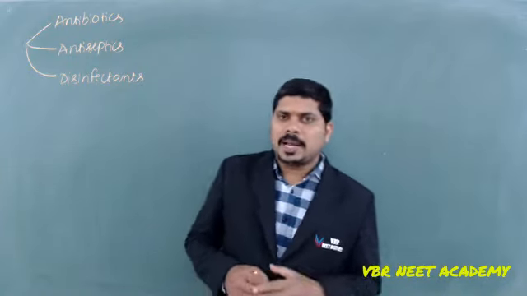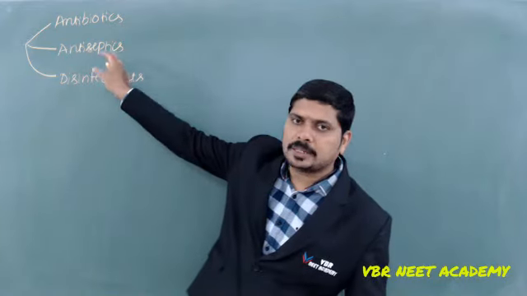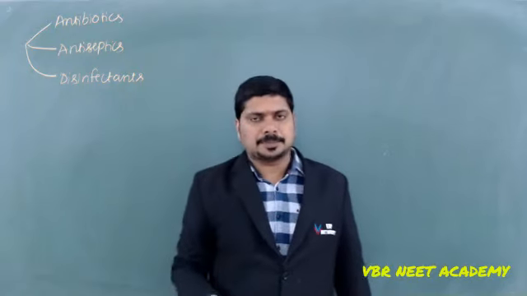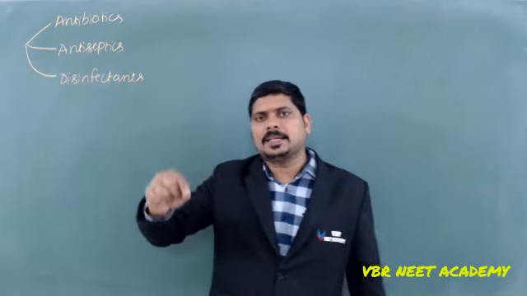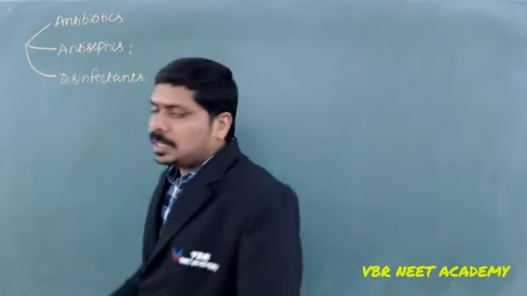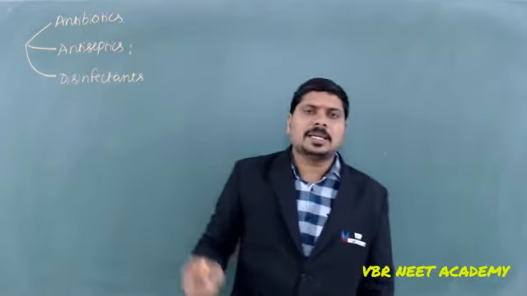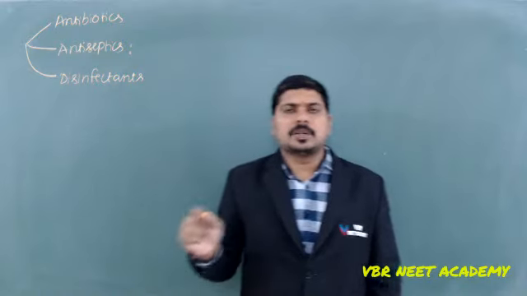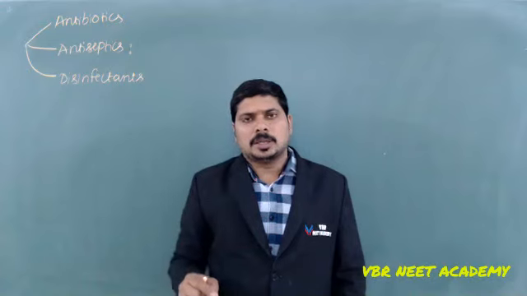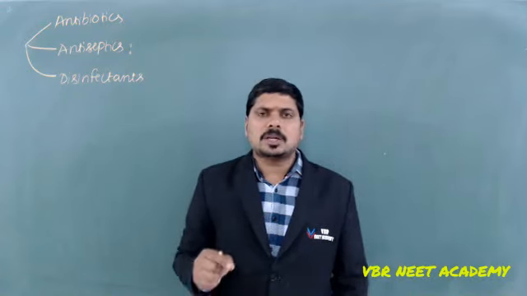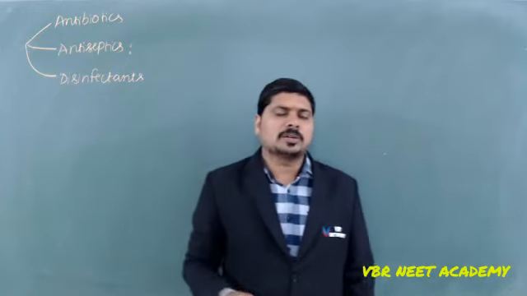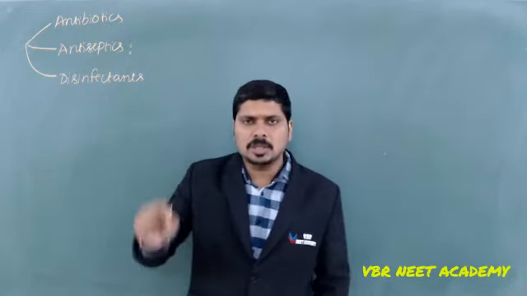Now we have another class of antimicrobial drug, which is antiseptics. What are antiseptics? Antiseptics are chemical substances which act against microbial growth, but they do not cause any damage to living tissues.